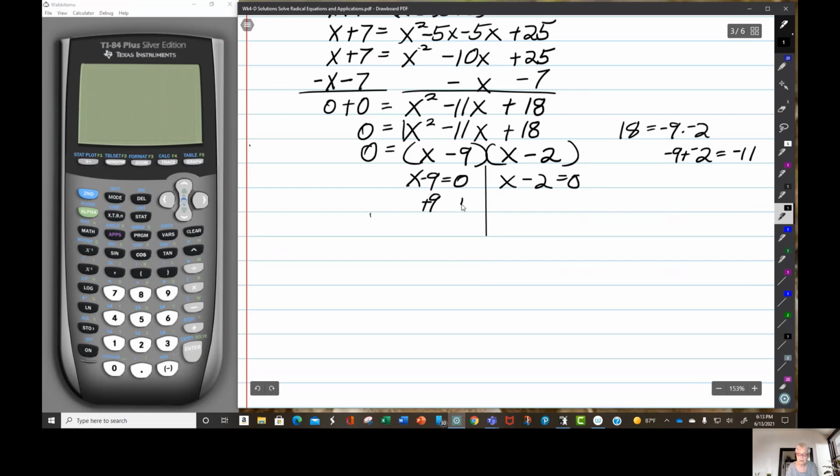Plus 9, plus 9. -9 plus 9 is 0. So x now is by itself equals 9. And over here, plus 2, plus 2, x equals 2.